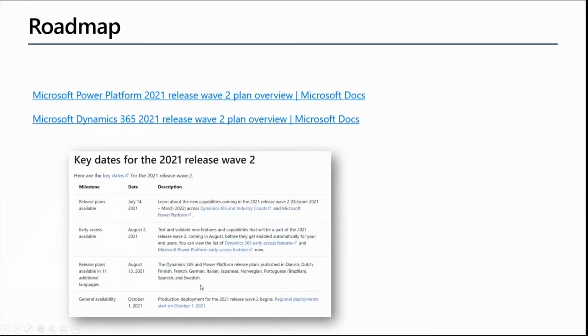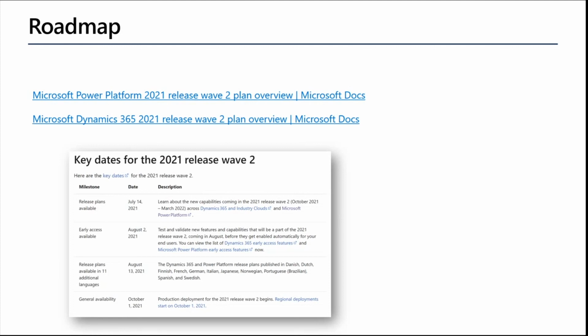And finally, regarding the roadmap, I would like to just ensure that we are all aligned there. There are two links that you have there, one from the Power Platform and one from Dynamics 365. Both these links are basically the release plan, which has been available since July 14, 2021.